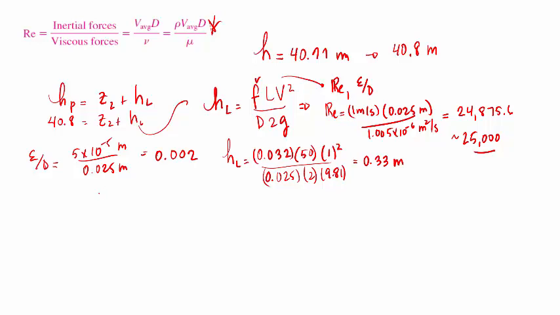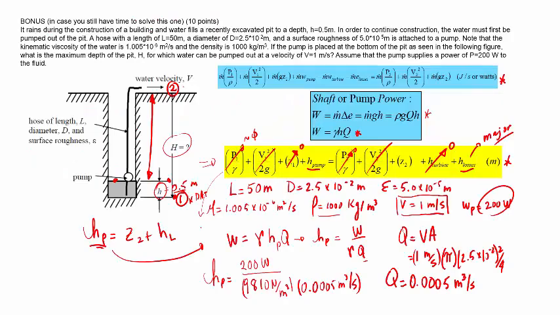Okay, so what I have is 40.8 equals C2 plus 0.33. So C2 equals 40.44. Okay, so when I go back to my image, that is the total depth.